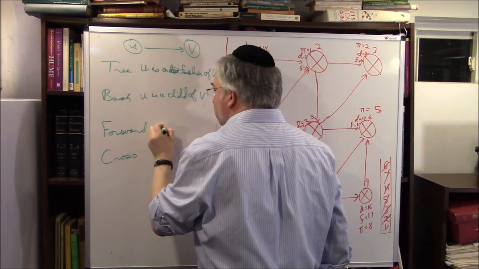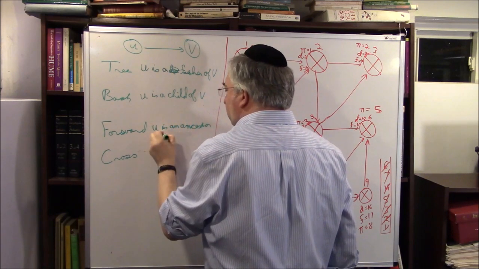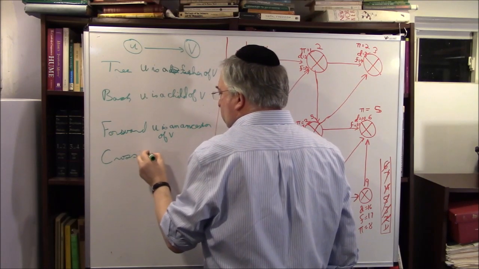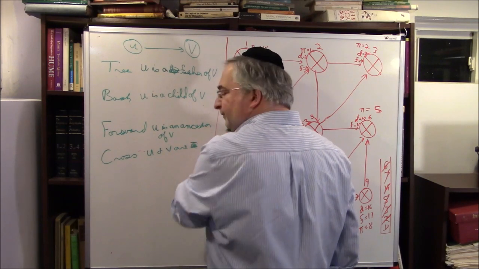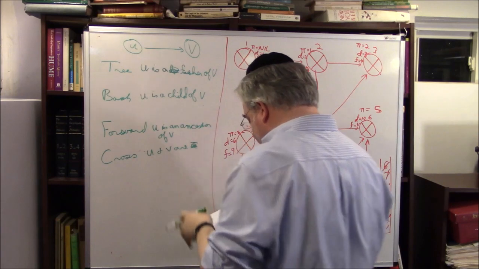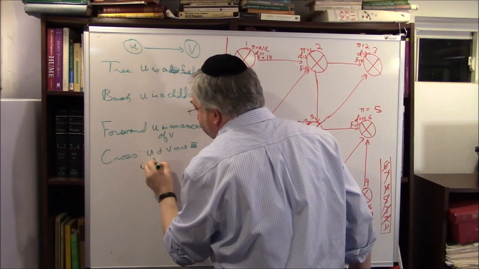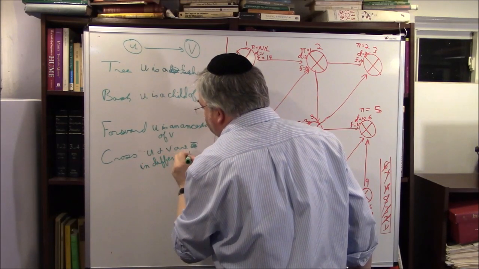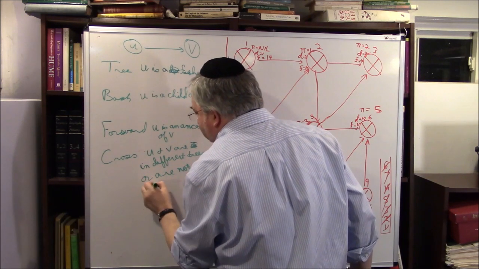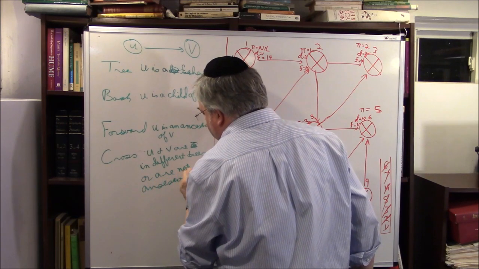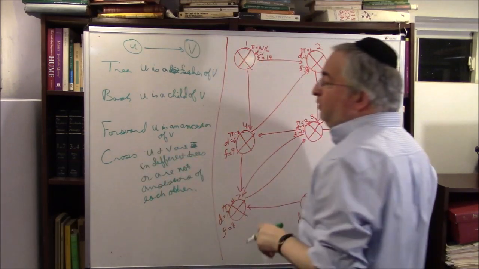Here, U is an ancestor of V, and here U and V are in different trees, or are not ancestors of each other. So you're in one of these if you're not.